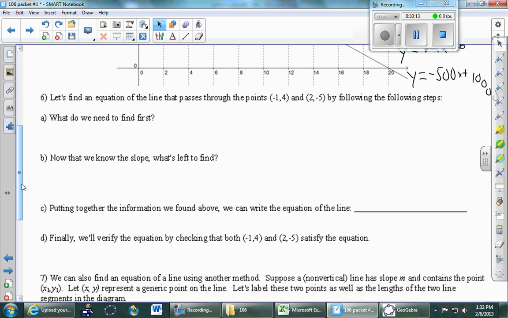All right, coming back here, we're going on to number 6. And number 6, we're going to go to Jenny. Okay, so again, the goal is y equals mx plus b. So we need the m and we need the b.